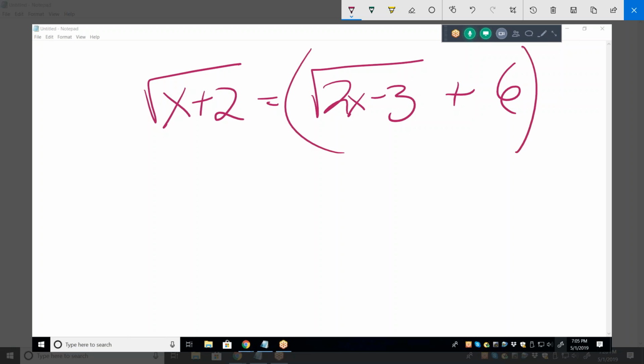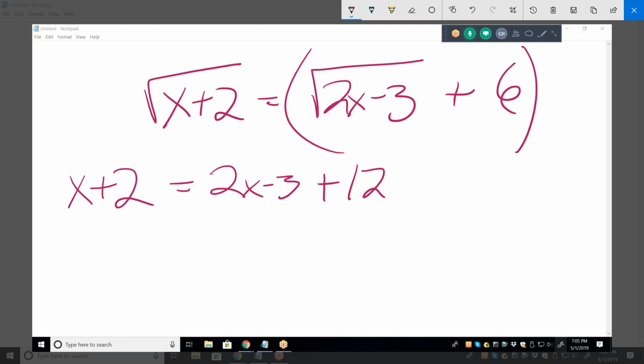So we square the left side, you get x plus 2. What do you get when you square the right side? 2x minus 3, and then plus 12 root 2x minus 3. Remember, it's 2 times. And then it would be just plus 36.